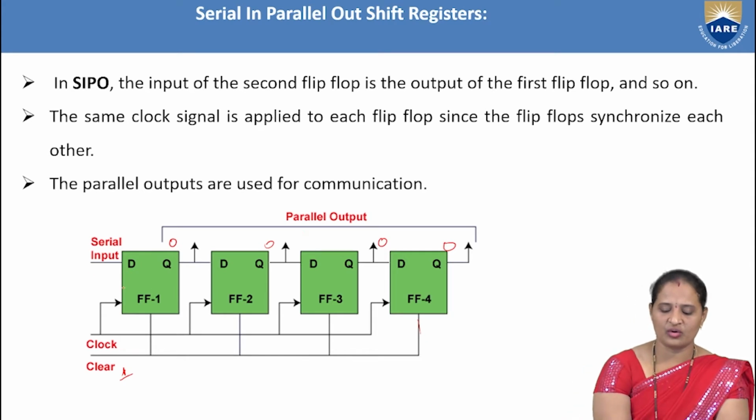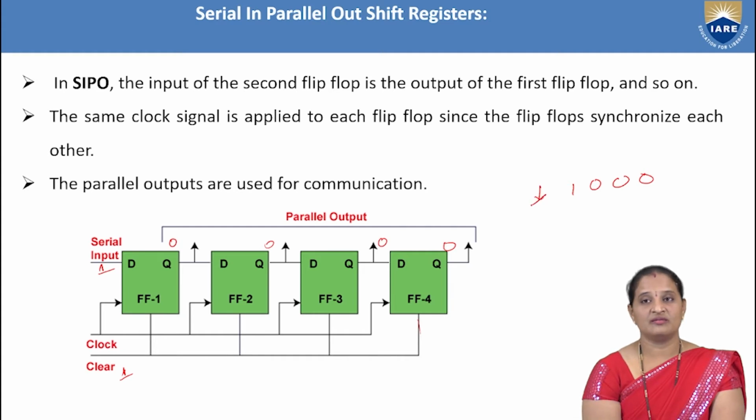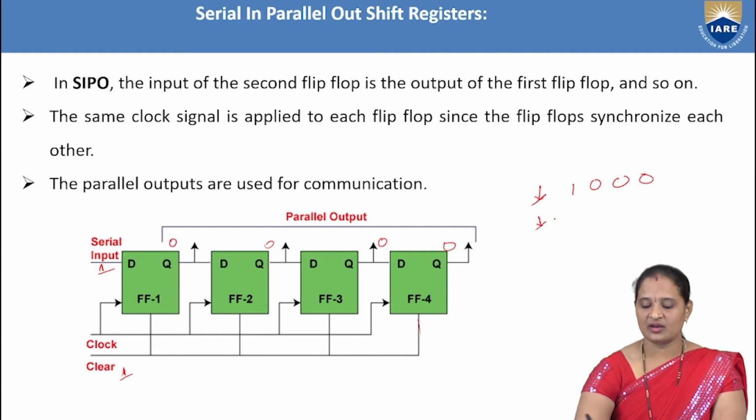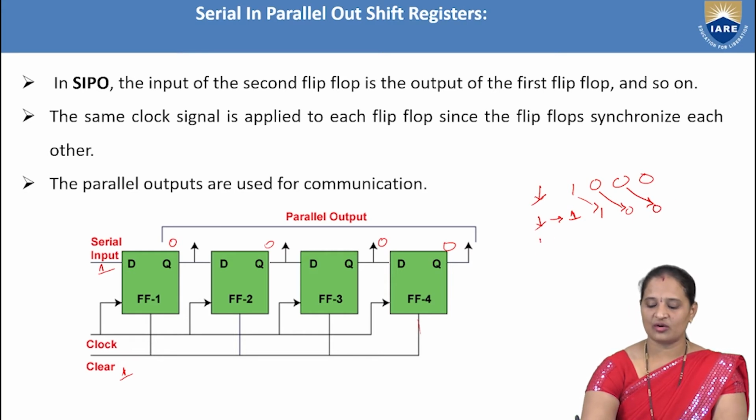If you want to load the data, the first bit will be shifted here during the next clock pulse. During the first clock pulse, the data will be 100. During the second clock pulse, if I push the 1 here, then the previous 1 will come here, and the 0 will come here.